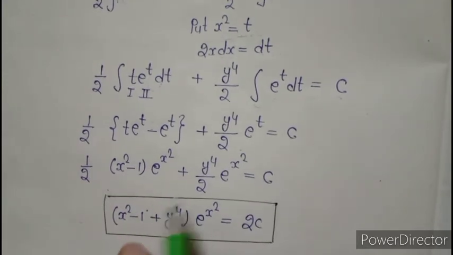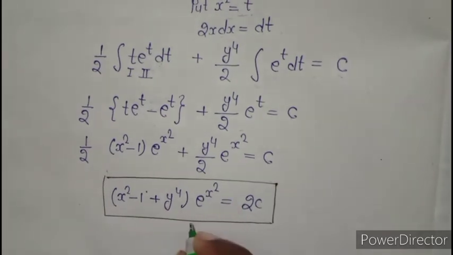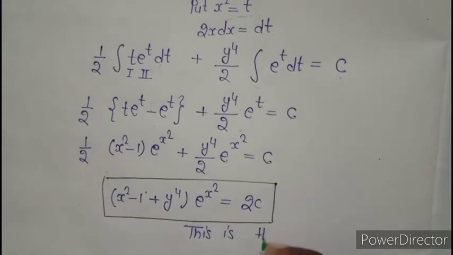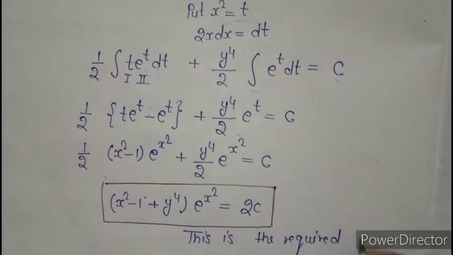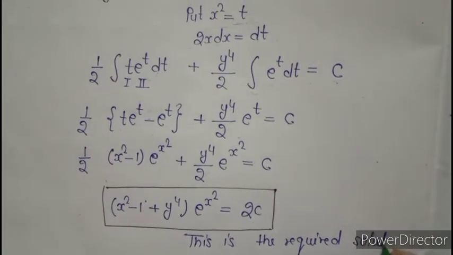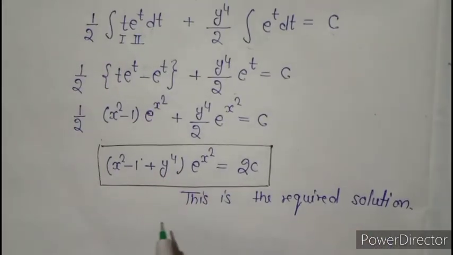So the right side is (x square minus 1 plus y raised to power 4) e raised to power x square, because e raised to power x square is common in both terms, and that is equal to the integrating constant 2c. So this is the required solution for this question.